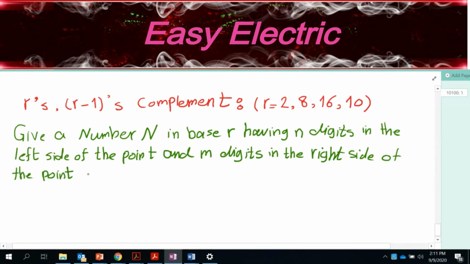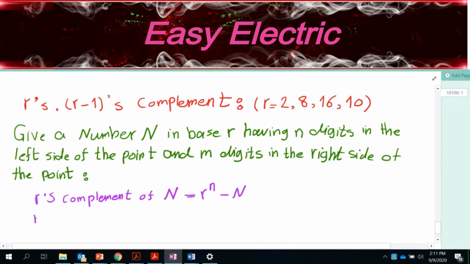So if that's the case, these are the definitions of the R's and R minus 1's complement. So the R's complement of n, which is your number, equals R power n minus n.